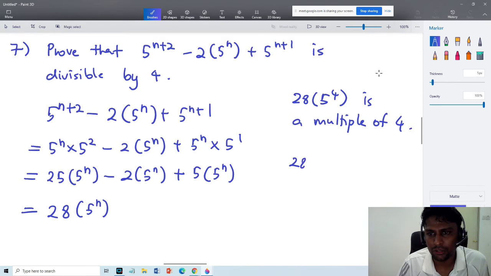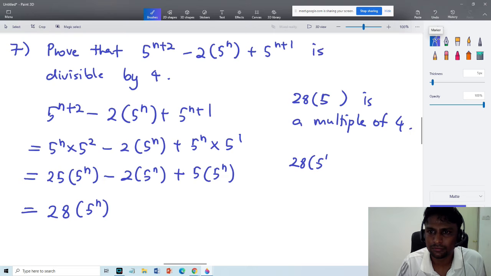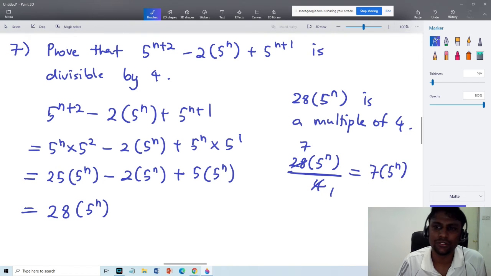Sorry, this is not 4, this is n. Okay, this is n. Divide by 4, so what you get is 7. So you divide completely. So it's confirmed it is divisible by 4.